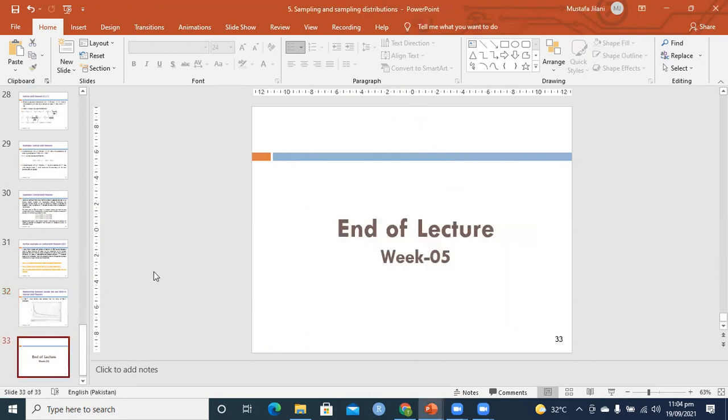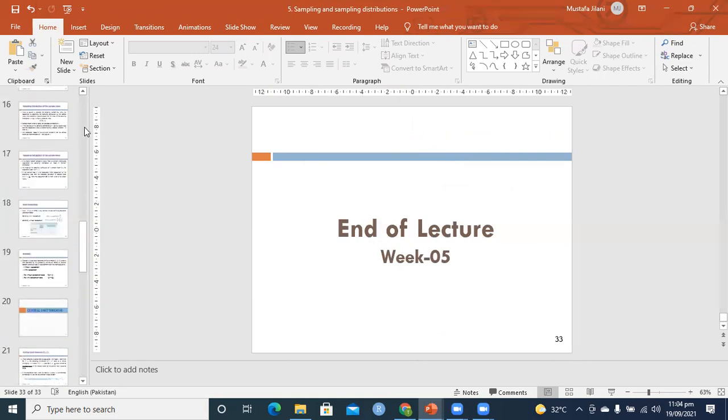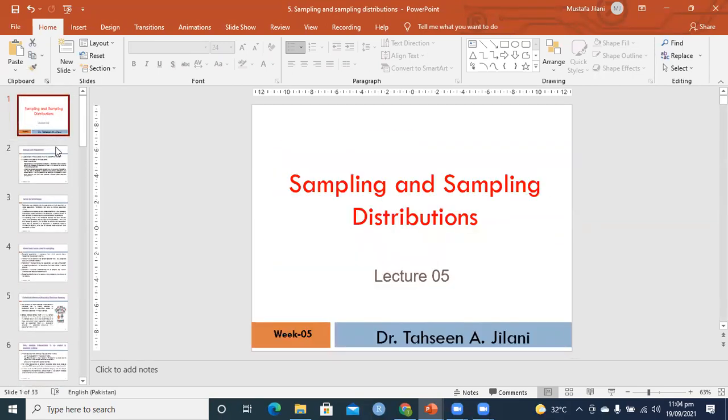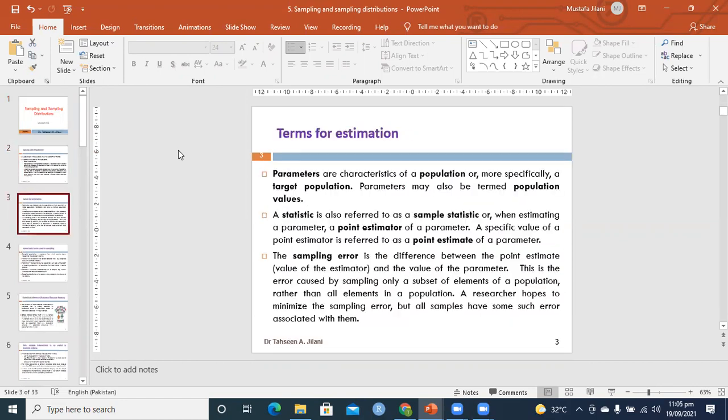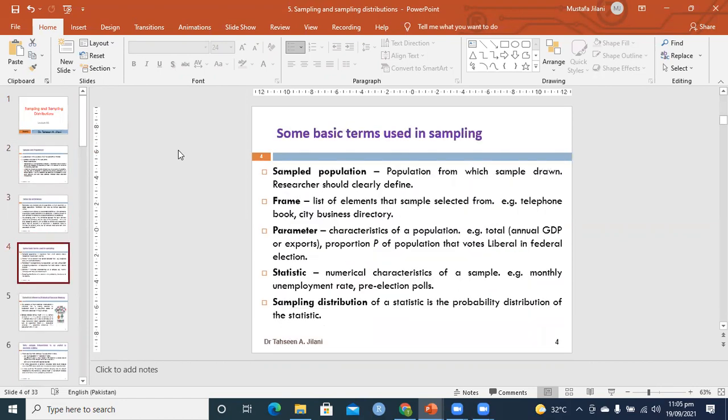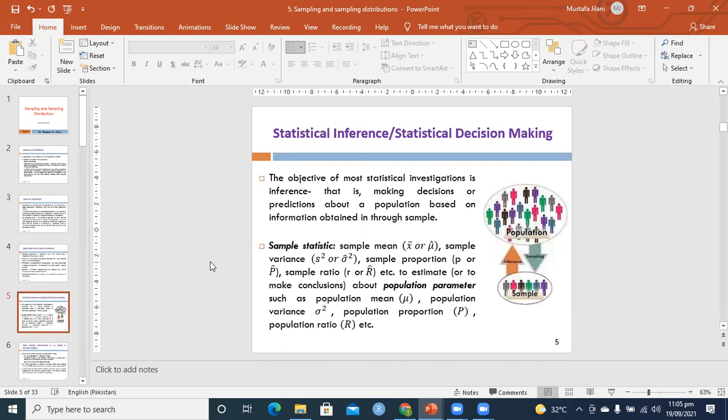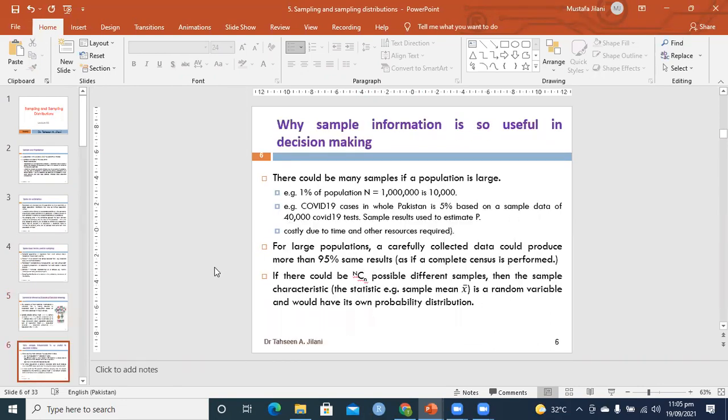So that's it. Today you learned about sampling, population, sampling distributions, and sampling distribution for mean, some basic definitions. When you work on any sample data collection, these are the key points that you must have in your mind. You must know what a sample is, how the sample should be collected, why you are collecting a sample, and what you can do from sample observation to estimate the population.